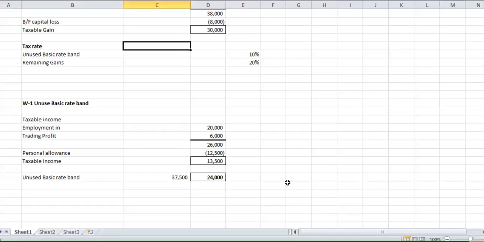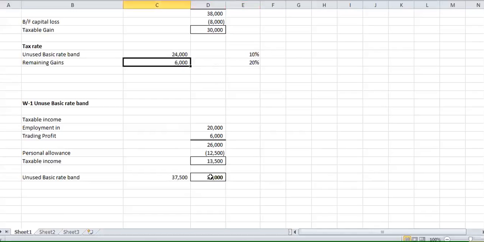Students, you can see our total taxable gain is £30,000. So out of £30,000, we will apply a 10% tax rate on £24,000, and on the remaining gain equal to 30,000 minus 24,000, the remaining gain is 6,000.